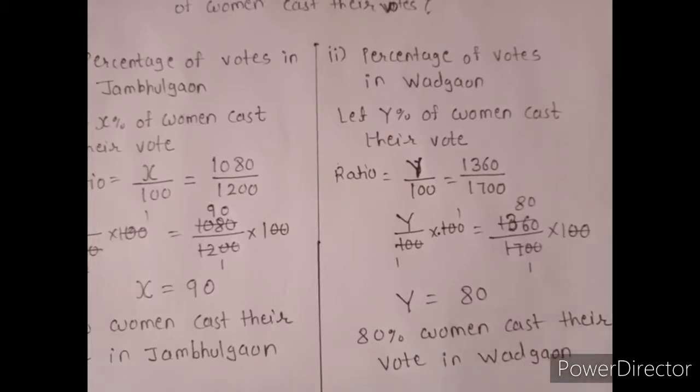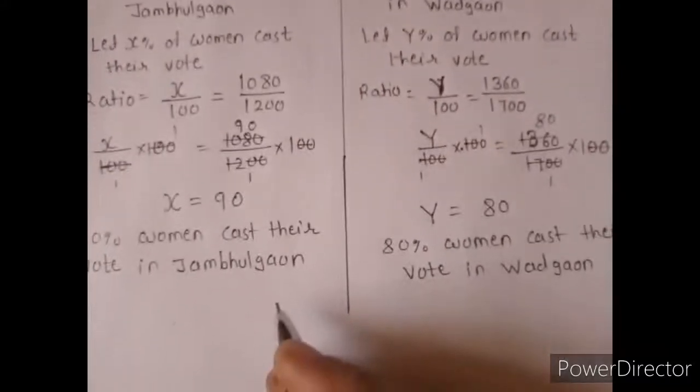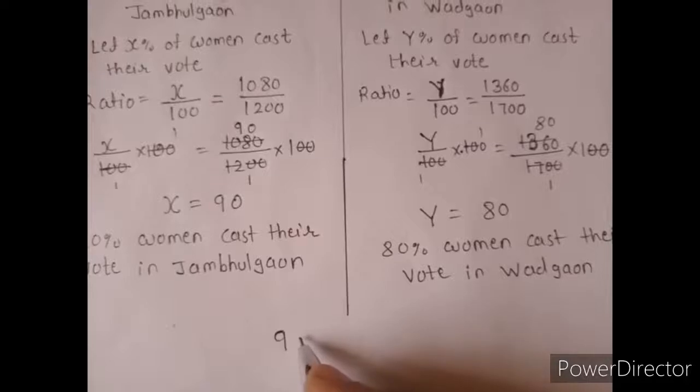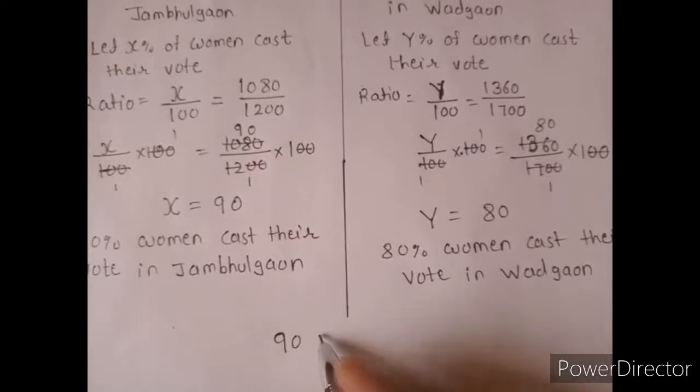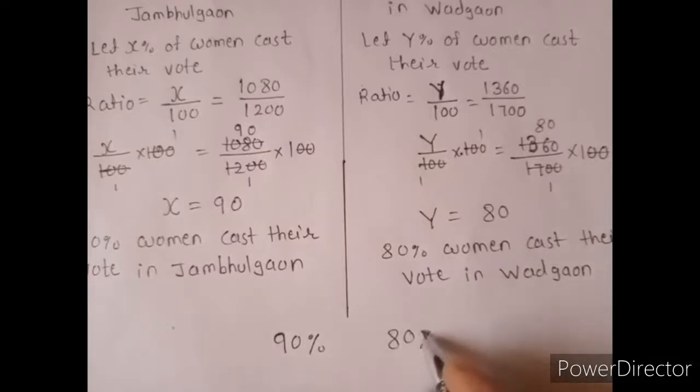Now what is the next step? We have to compare both the figures. Then we will come to know in which village a greater proportion of women cast their vote. Here we have to write down the percentage of Jambulgaon and the percentage of Vadgaon.